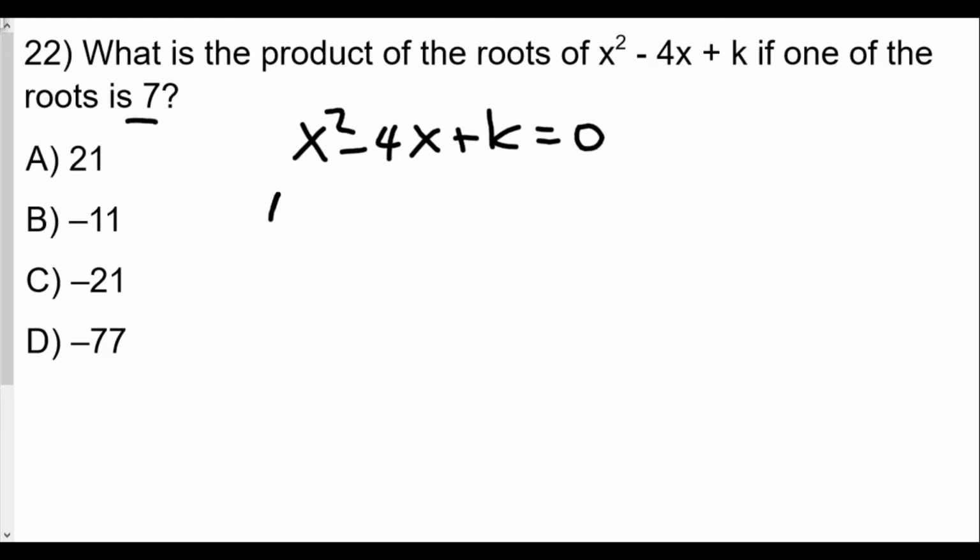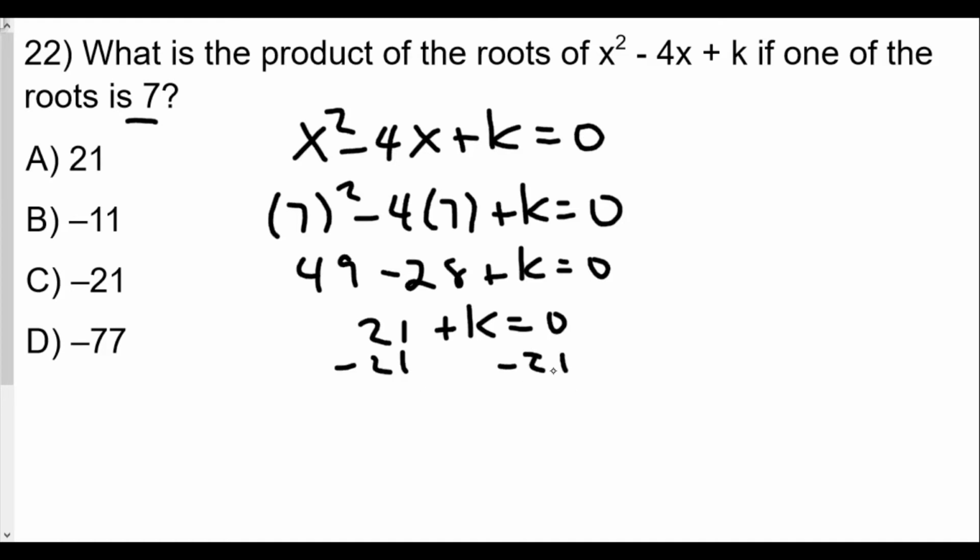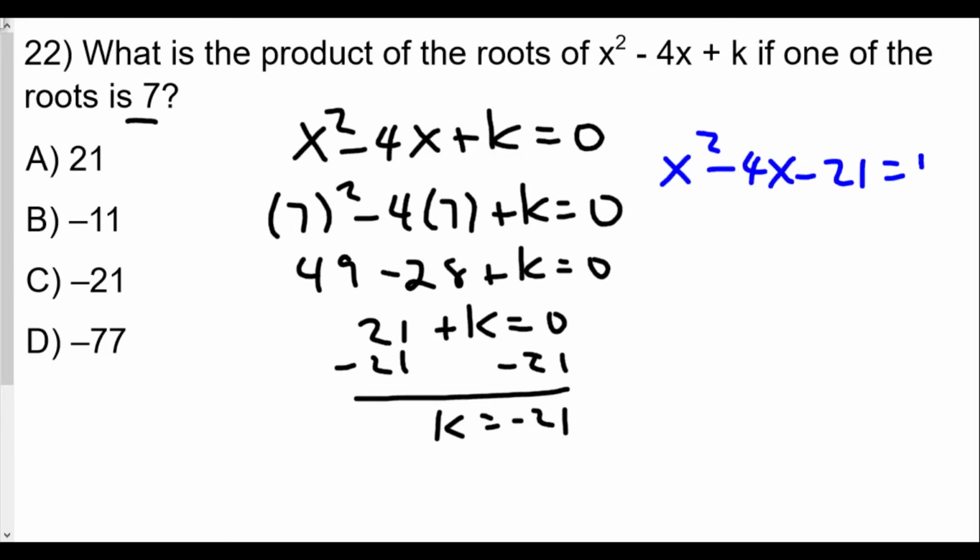So here we have 7 squared minus 4 times 7 plus k equals 0, which is 49 minus 28 plus k equals 0. Now 49 minus 28 is 21, so 21 plus k equals 0, which means I'm going to subtract 21 on both sides. I get k equals negative 21 actually. So our equation is now going to look like this: x squared minus 4x minus 21 equals 0.